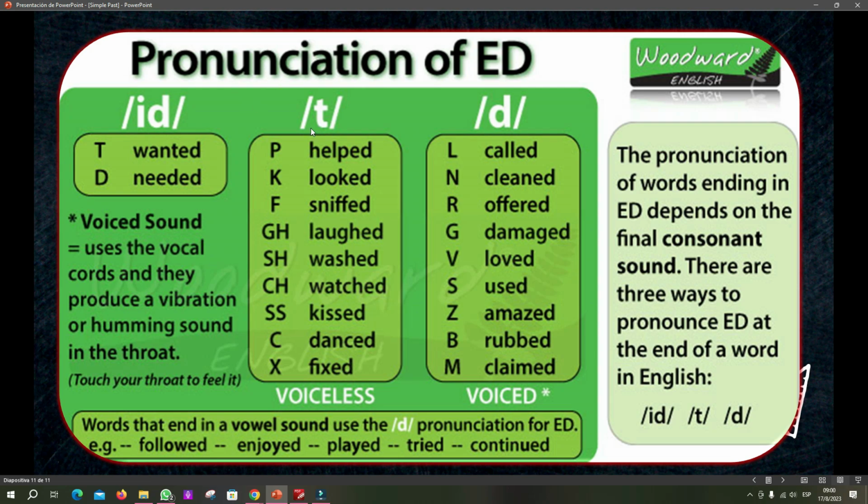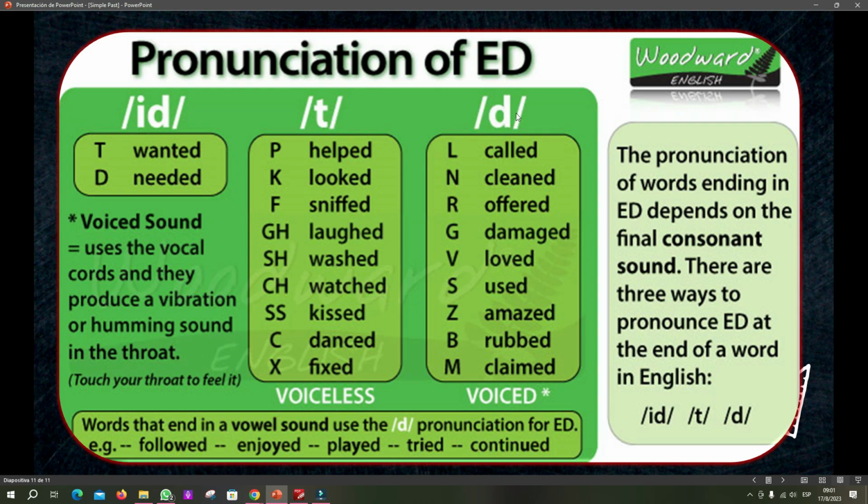So like helped, helped, helped. That is in past, right? Wash. ¿Cuál es el último sonido de wash? Listen. Wash. Shh. Entonces, cuando ustedes le agreguen el ED, que ya sería el pasado, sería washed, right?